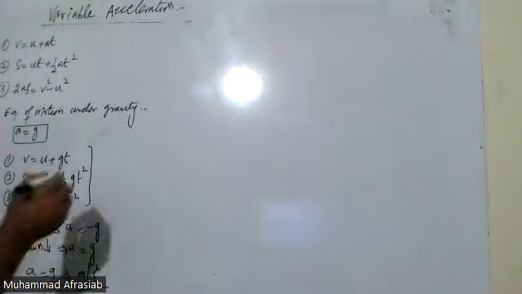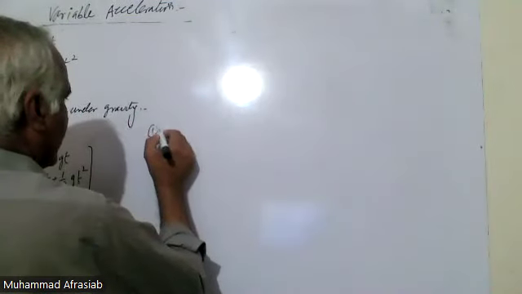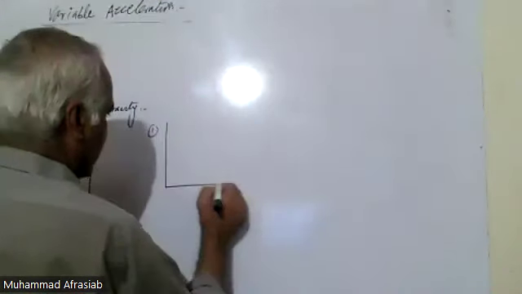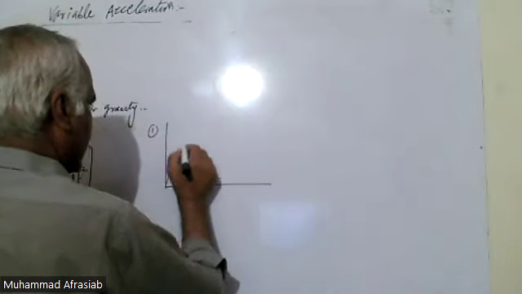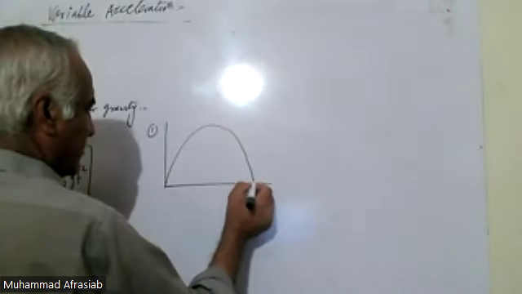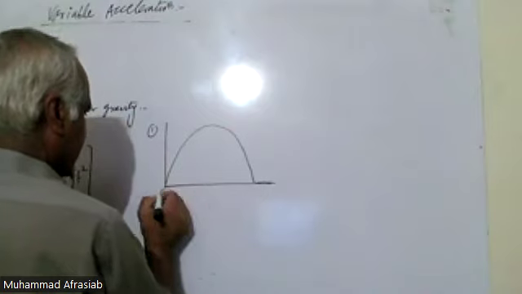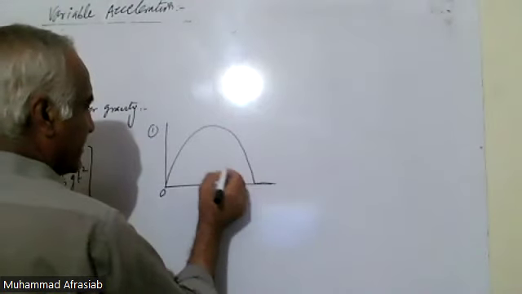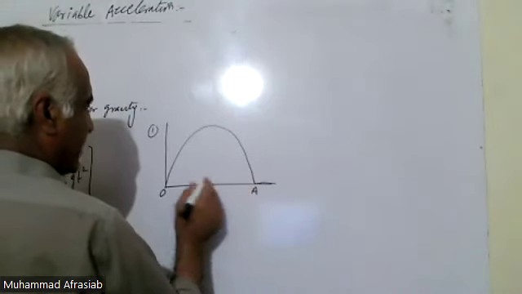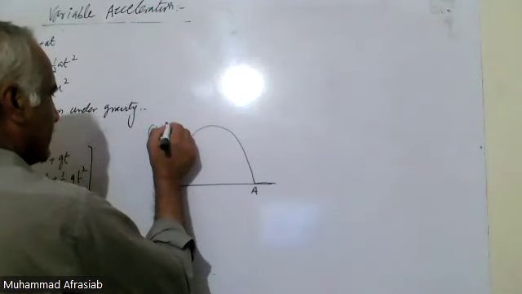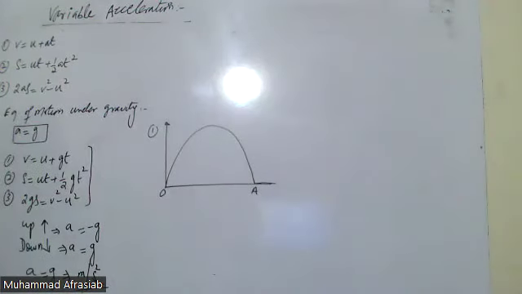The first one is when a particle is thrown from the ground surface, it moves upward and then it comes downward. So this is the motion of that particle from O to A in the air.